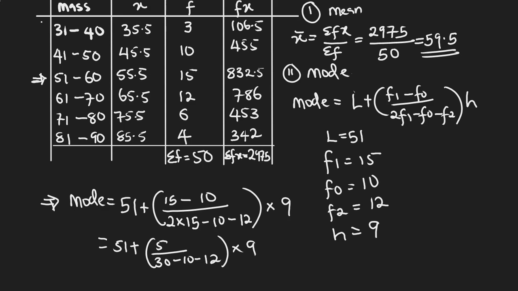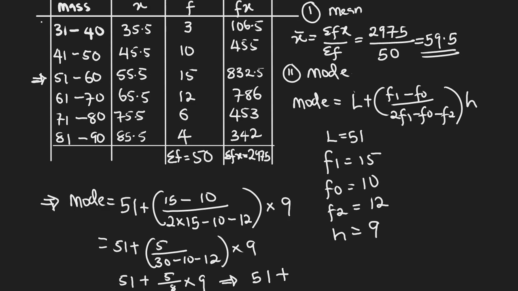Which is equal to 51 plus 5 over (30 minus 10 is 20, 20 minus 12 is actually 8), so we have 8 times 9, right? Which is the same thing as 51 plus 5 divided by 8, times 9.